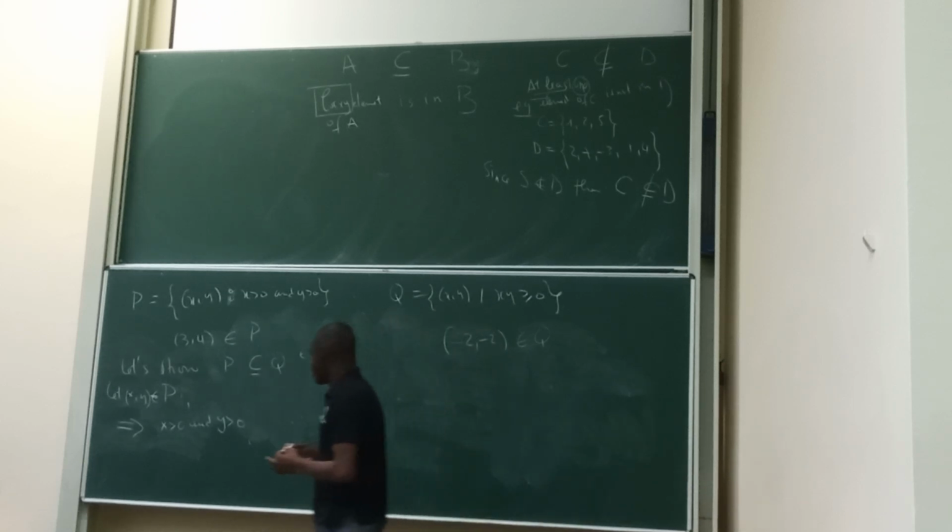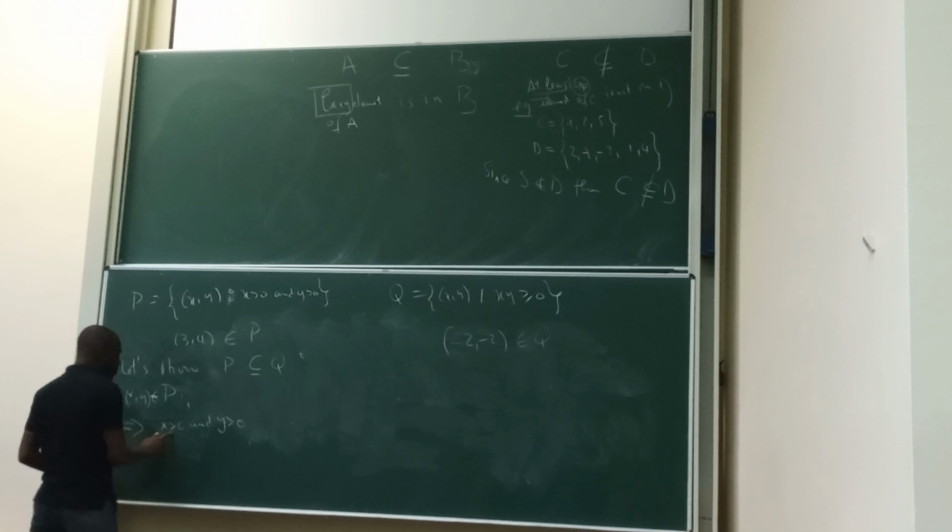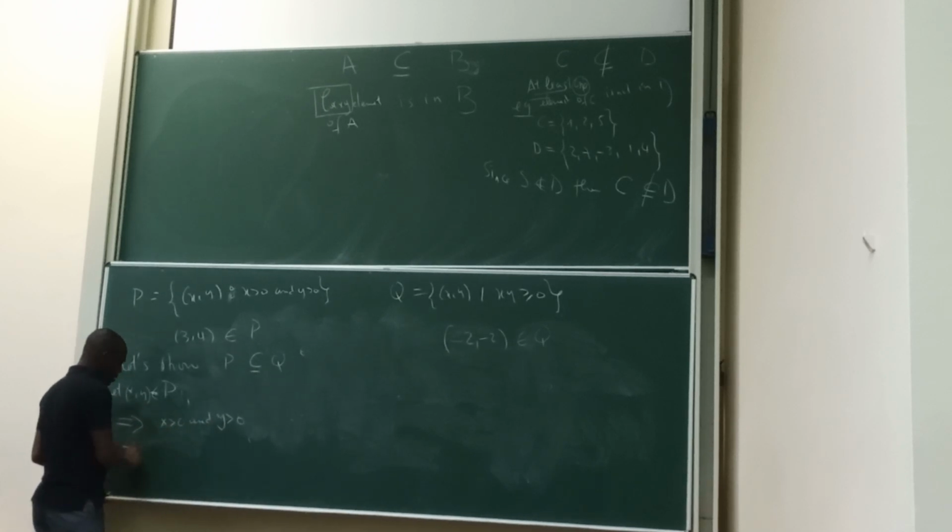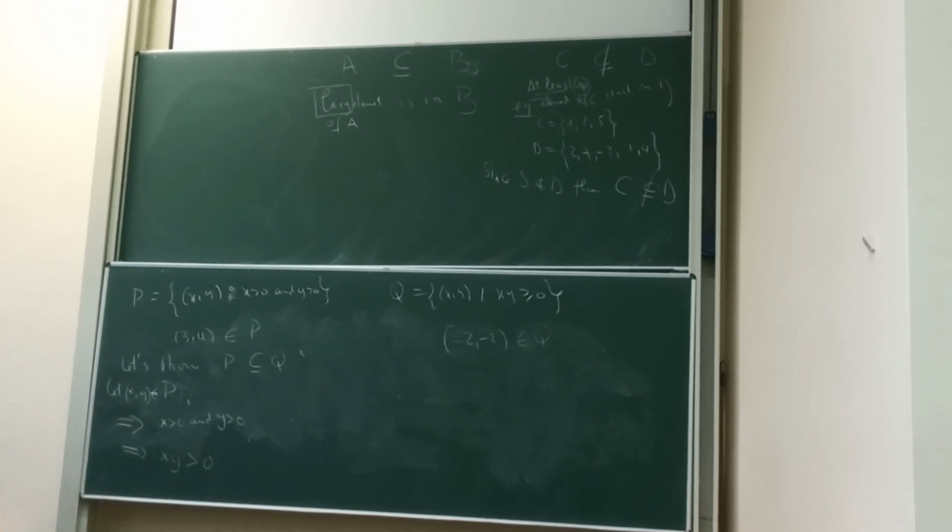Positive, right? Yes, since x is positive and y is positive, the product should also be positive. For sure. So the implication now is that this element is in Q.